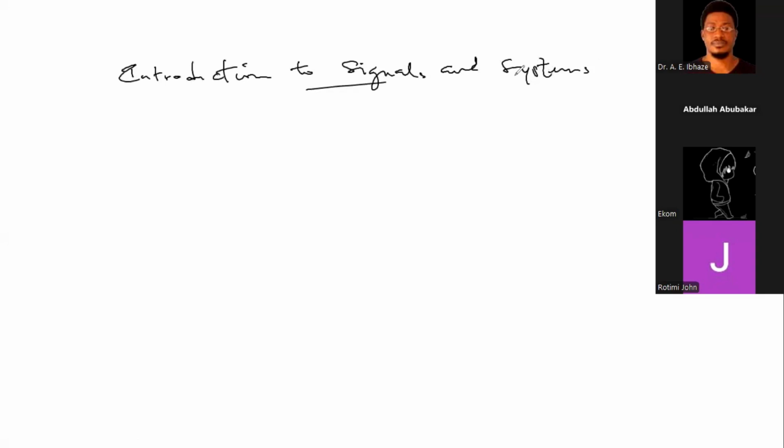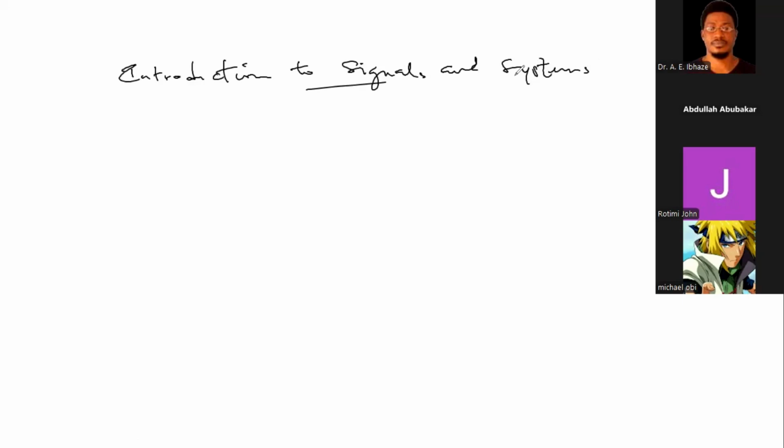Now, does anybody have any contrary view or addition to what was said? Good afternoon, sir. Okay, good afternoon. Please tell us your name and go on. Obiasog Michael. I'm a D student. Okay, go ahead.